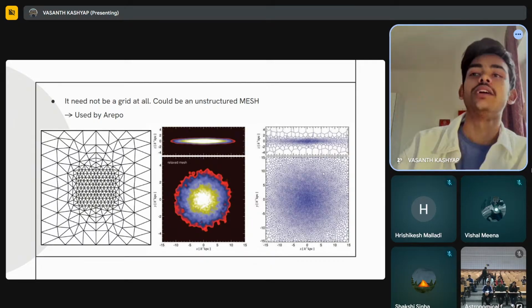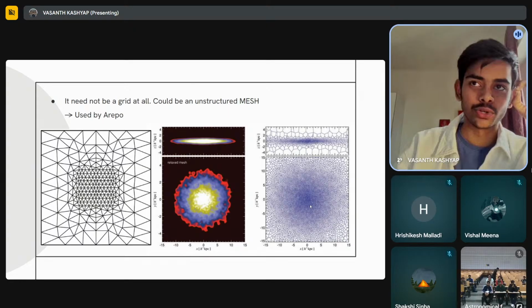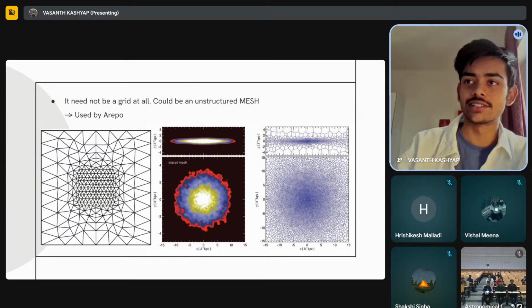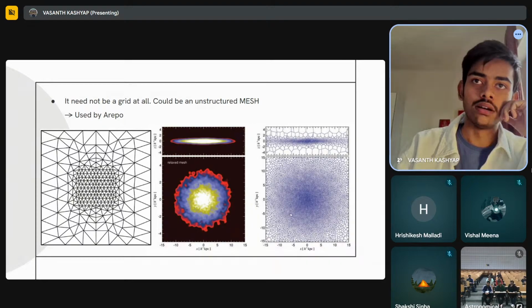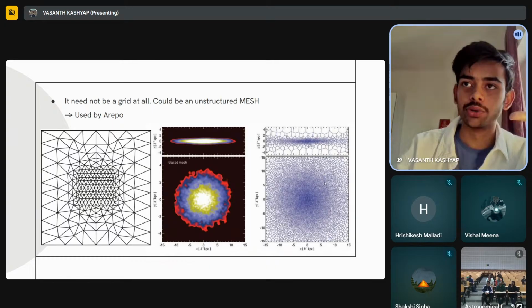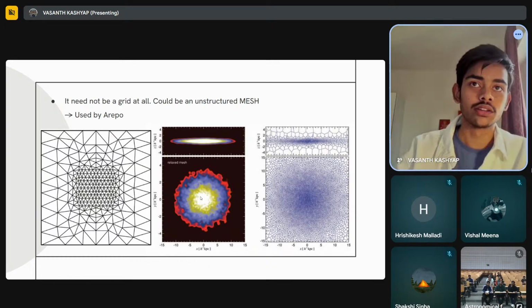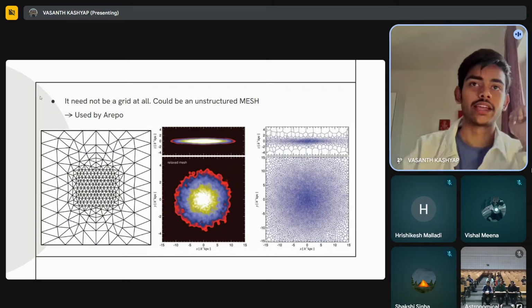Okay. But as you can see, in the center, the cells are so small that it's just like blue dots, right? But at the edges, it's so big. So this is how this kind of unstructured mesh is going to help resolve the regions where we are interested in. So if this entire thing were to expand, like I was showing, you start with this and this entire thing is going to move like this.